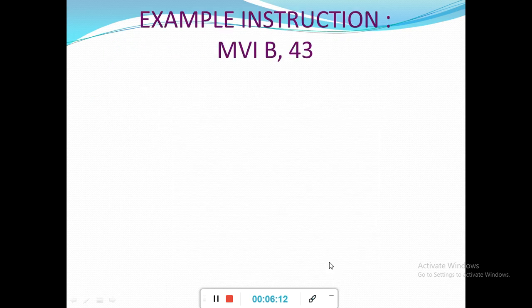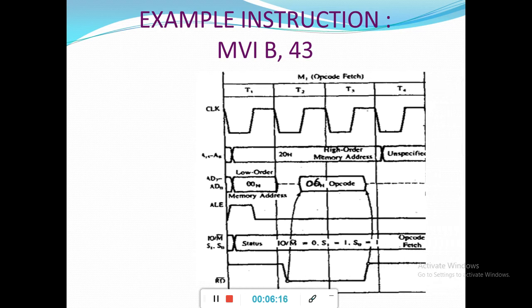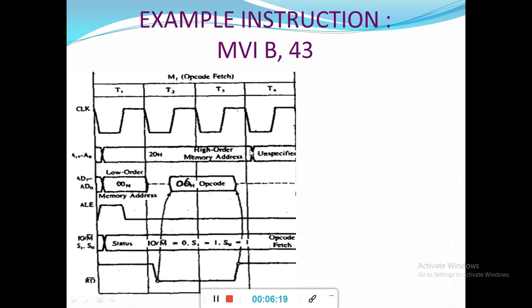For example, if I want to draw the timing diagram for MVI B comma 06 hex, then the first part of the diagram will remain as it is.